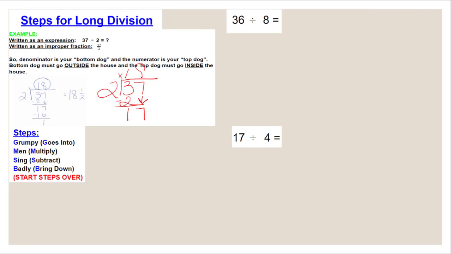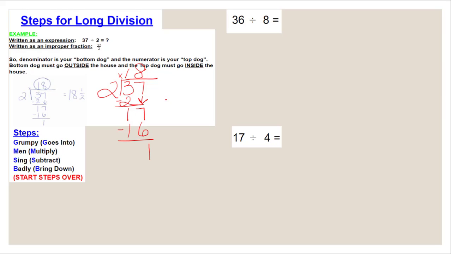That has to go on top of the house. Now, M, multiply. 8 times 2, 16. S, subtract. Bring down. Well, there's nothing else to bring down here, so we have a remainder of 1.